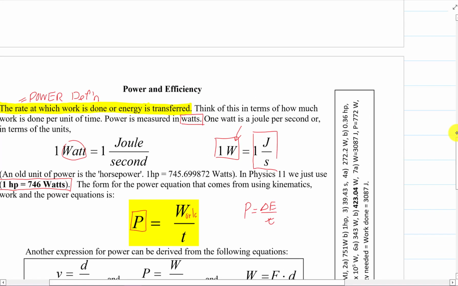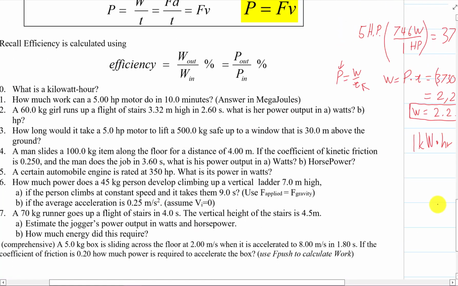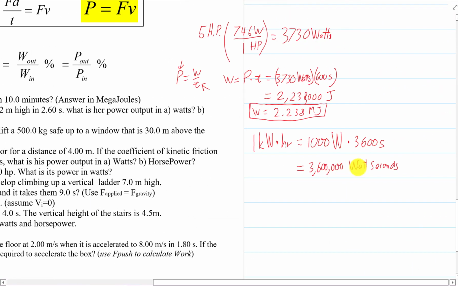Here's the units, a watt and a second. If I bring the second up top, I get a watt second. A watt second is equal to a joule. So 1 kilowatt hour is equal to 3,600,000 joules.